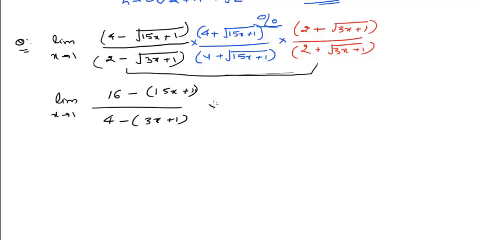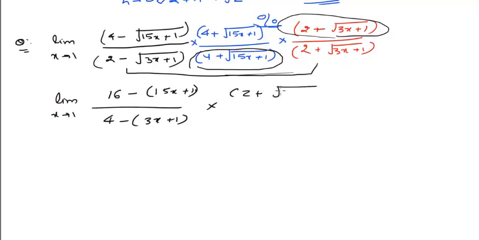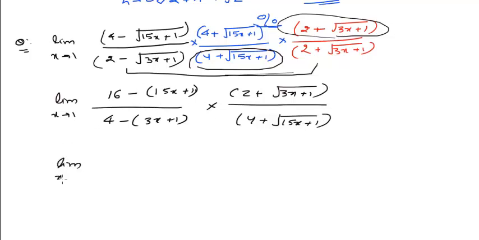Now what are the remaining terms? This term has remained in the denominator and this term is remaining in the numerator. So we'll write it as it is, 2 plus under root 3x plus 1 by 4 plus under root of 15x plus 1. Yes or no? Now we'll solve this. So what do we get? Limit x tending to 1.